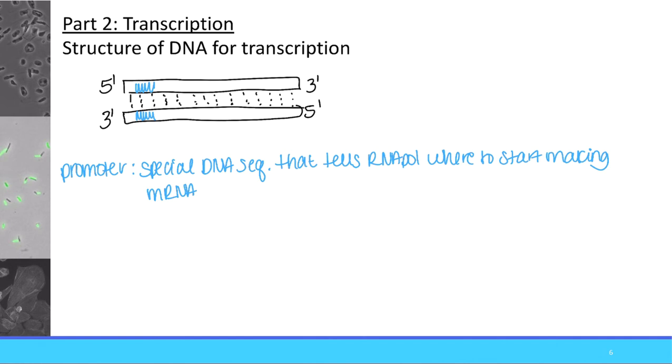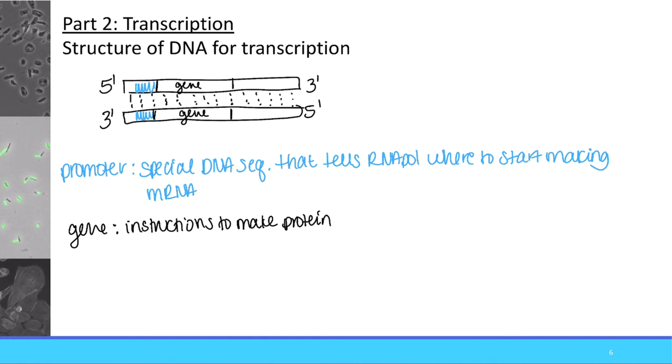Now, after we have the promoter, we have the next big chunk, and this is referred to as the gene. The gene itself contains the instructions to make the protein. If we were to take that DNA and change the T's for U's, this is where those codons come from.